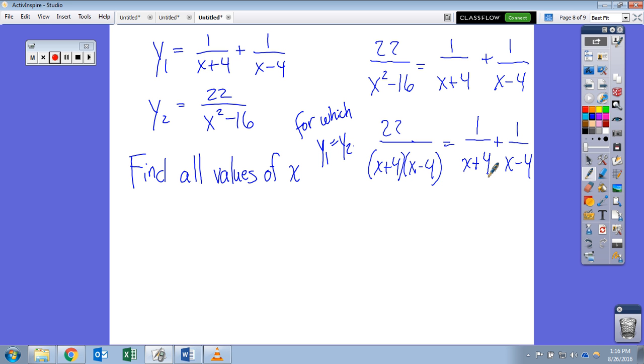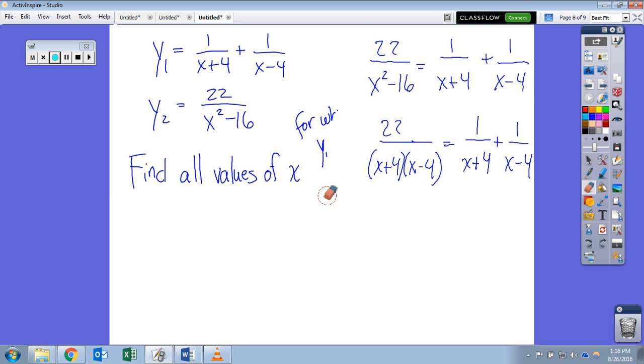Notice this whole product is this guy's denominator, but it would also be enough to cover each of these. It's got to work for all of them. You could do one at a time, but you'd find it would have been a lot quicker to multiply all in one step by the whole product of x plus 4, x minus 4. I'm going to erase a little bit here so I have room to show that I'm doing that.